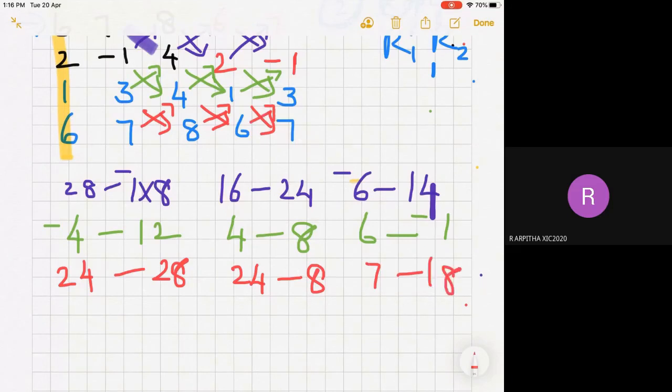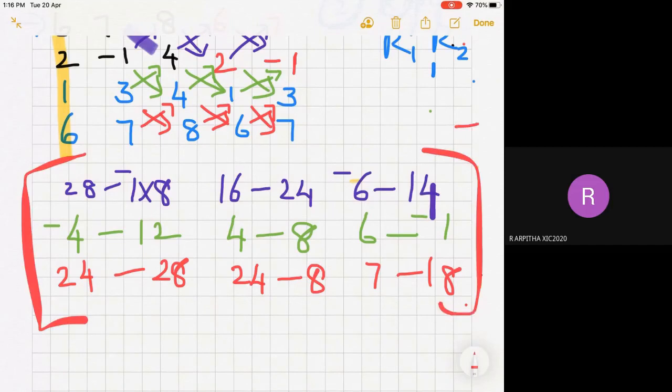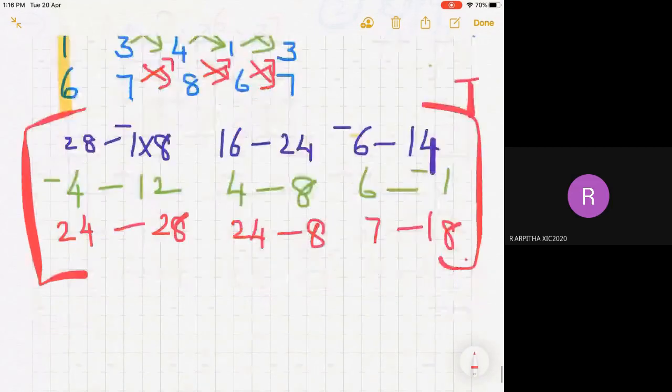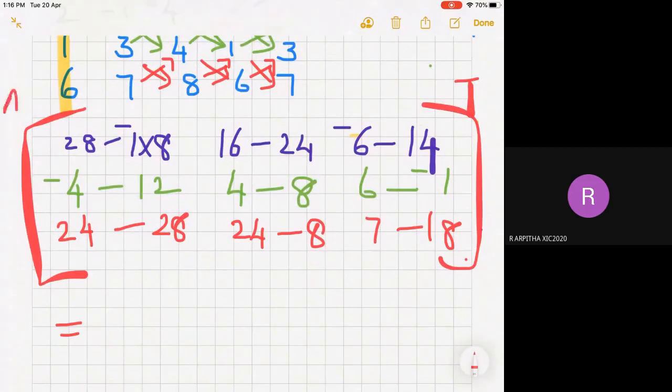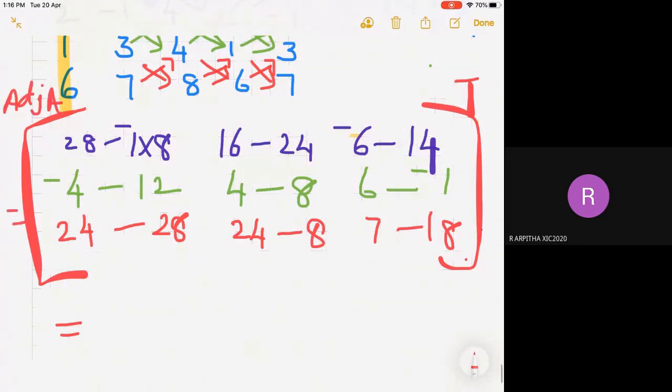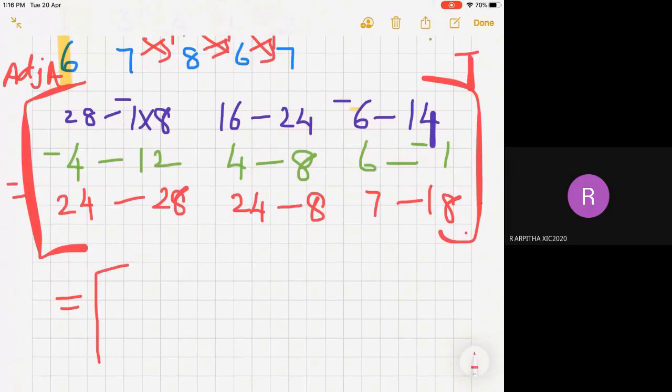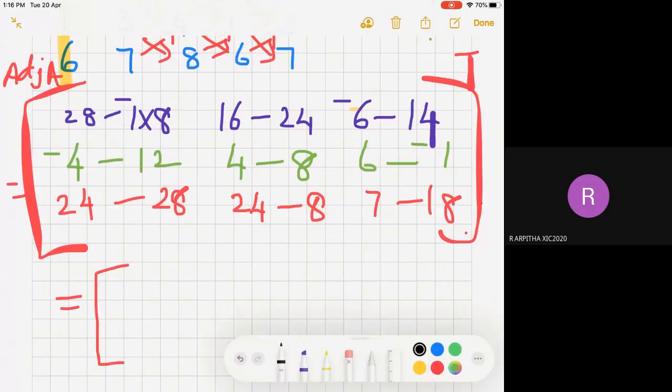So we got a matrix, and its transpose. Now this is equal to, that means you are finding the adjoint of A. Adjoint A equals, now we will take the transpose, or you can just make a calculation here. 28 here, you are getting 28.